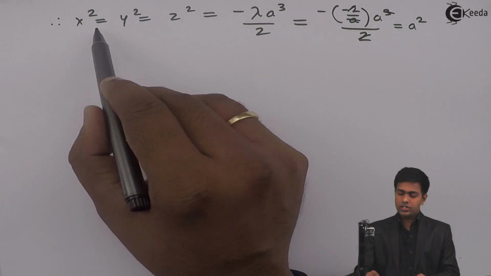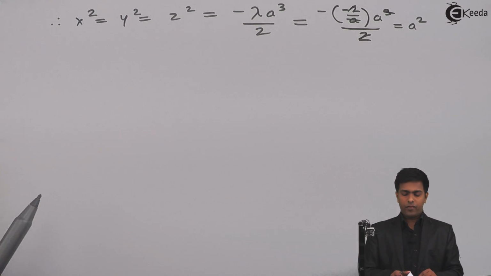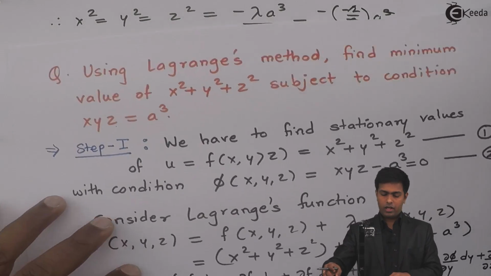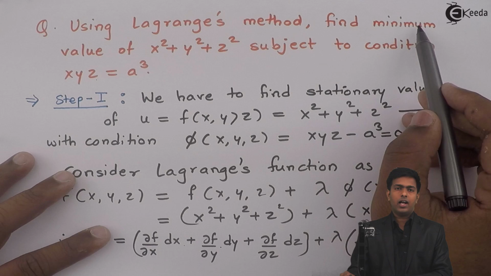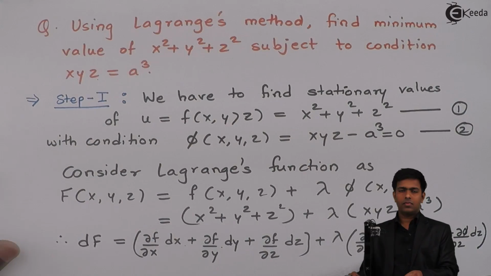Now we will use these three values in our function f of x comma y comma z to get the minimum value of the given function.